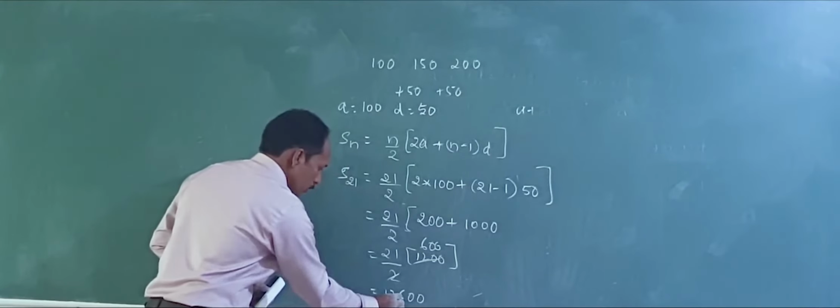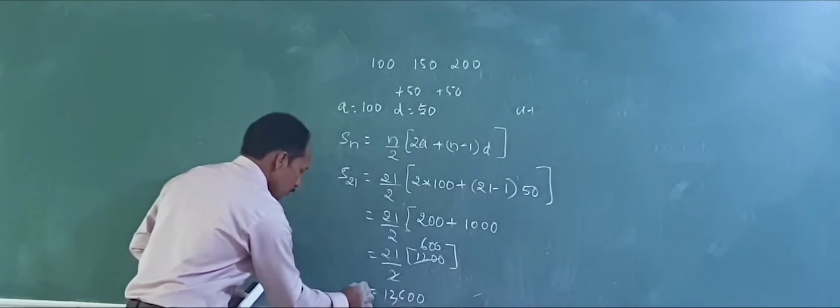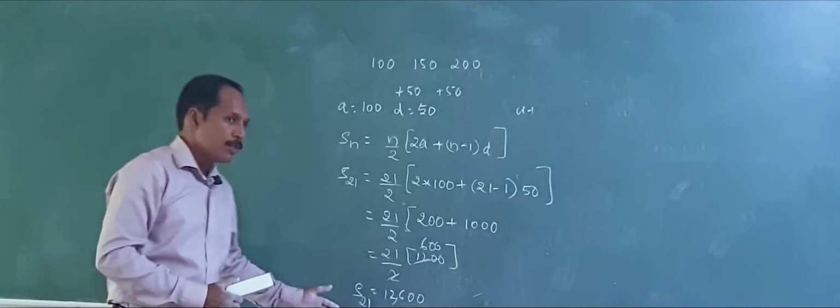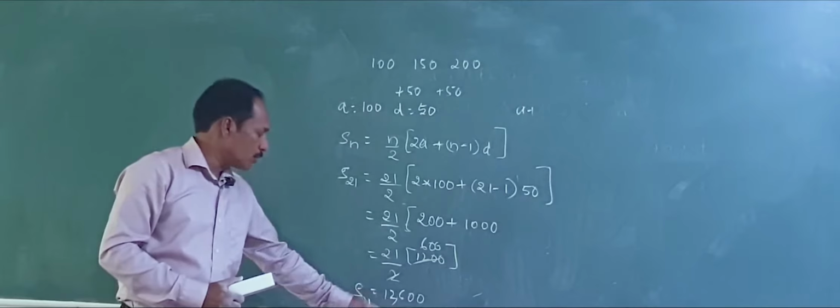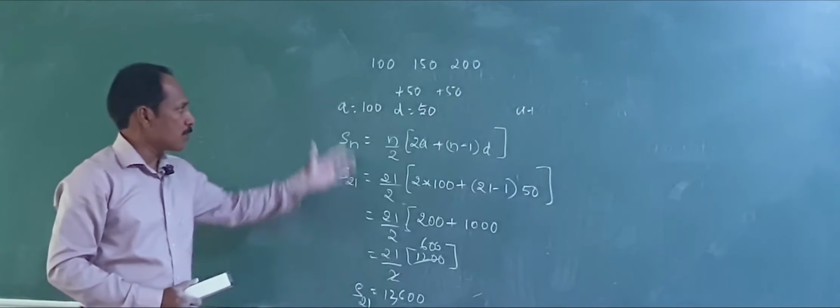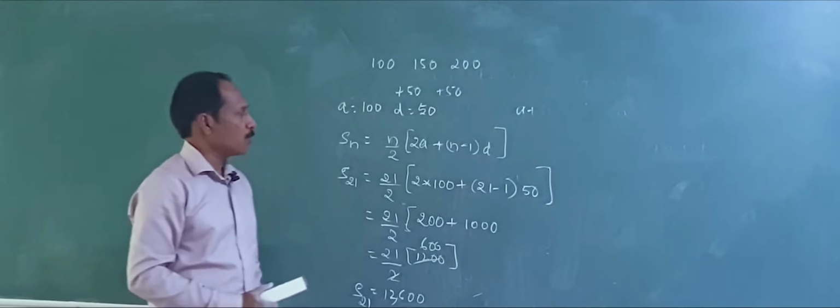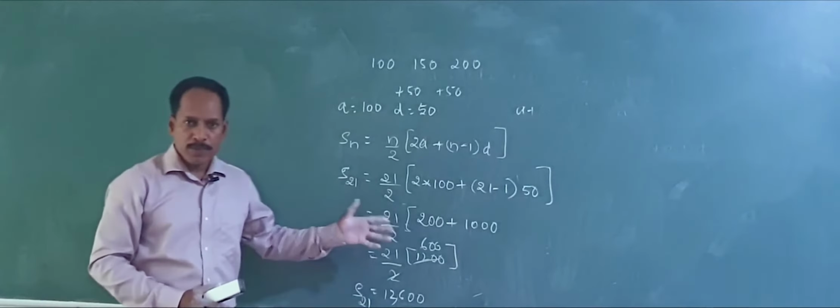So the answer is 12,600 rupees. She will have in the money box 12,600 rupees after 21 years, at the age of 21. So this is how we solve the sum of the first n terms of an AP. I think it's very clear.